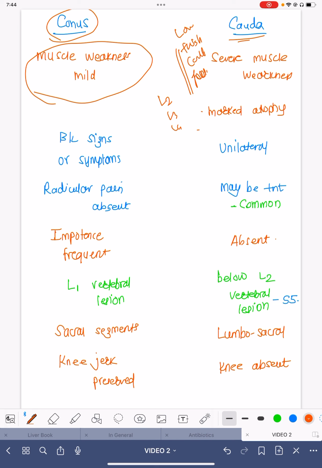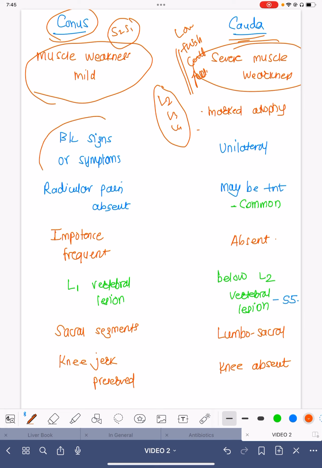So the major chunk of muscles of thigh and calf have root values of L2, L3, L4, and up to L5. That is the reason why there is severe muscle weakness and severe muscle wasting in cauda equina, whereas in conus only S2, S3, S4, S5 are involved, and these roots usually supply the foot muscles. So thigh atrophy will not be there, calf atrophy will not be there, but foot atrophy will be there.